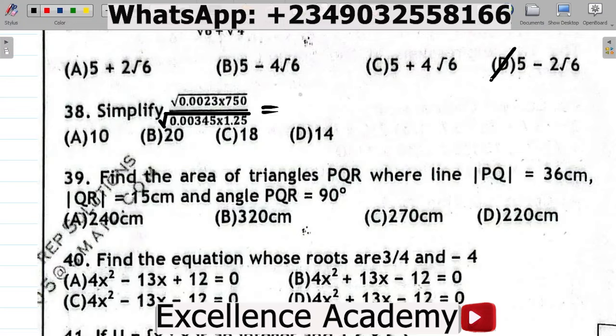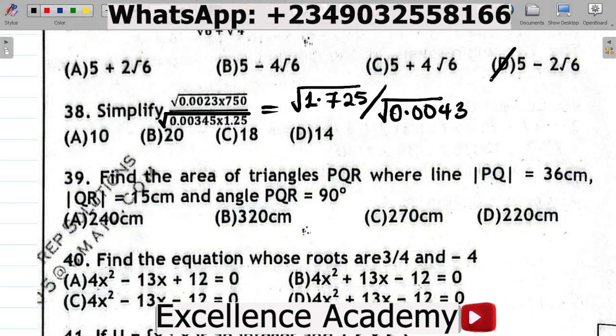For the numerator, I have 0.0023 times 750, which is 1.725, all divided by, for the denominator, the square root of 0.00345 times 1.25, and that's about 0.0043125. You have this.